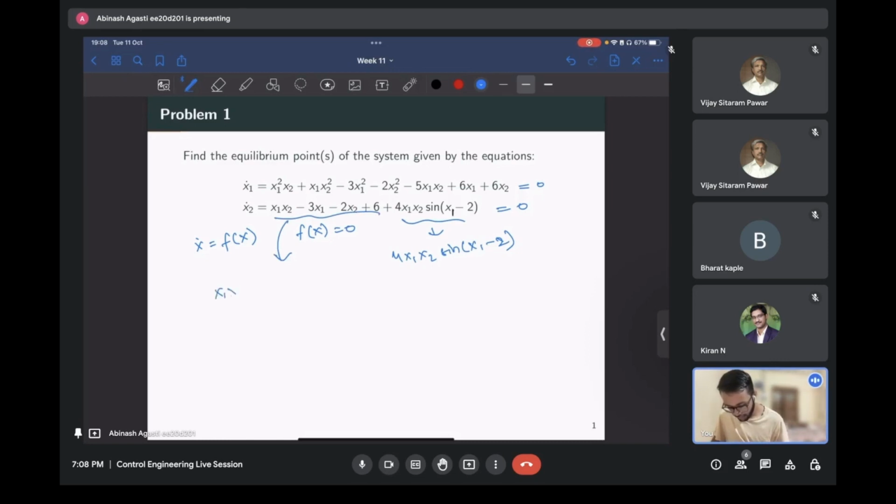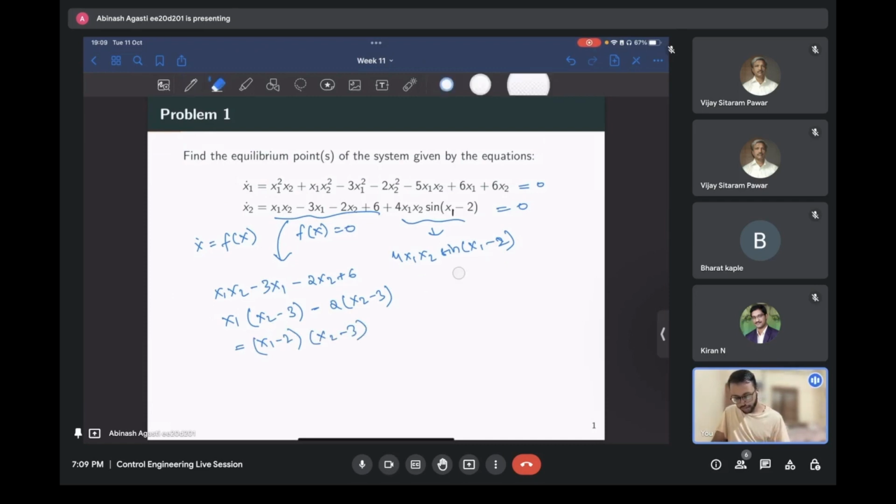If we do that middle factor, something that we did in class 8 or so, what do we get? This is x1 (x2 minus 3) minus 2 (x2 minus 3), so this is (x1 minus 2)(x2 minus 3). Basically what we want is this entire expression to be equal to 0.